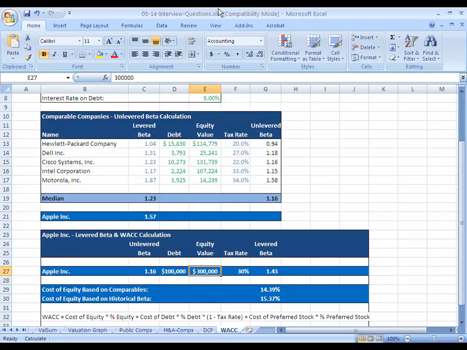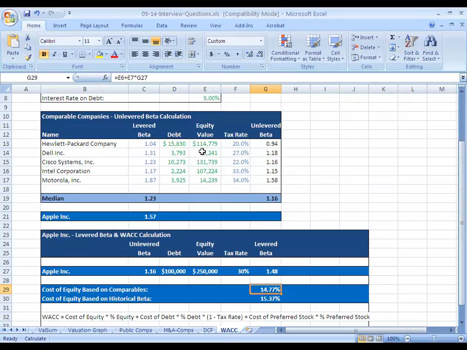So all else being equal, assuming that debt stays the same and that we have debt, a higher equity value for a company means that levered beta will be lower and that as a result, cost of equity will also fall. Now, if it's the reverse, if the company is smaller, then going back to 250 billion here, our levered beta goes up, and so our cost of equity here goes up.